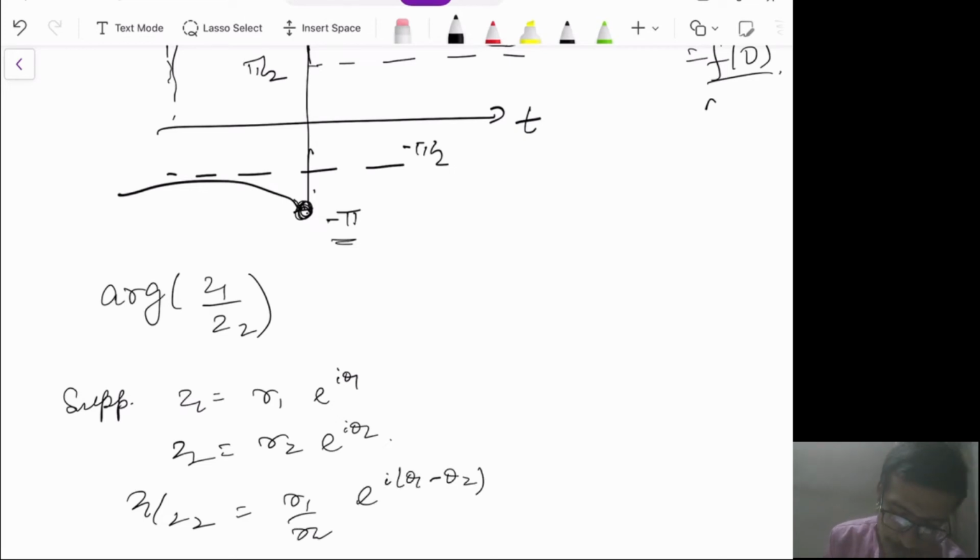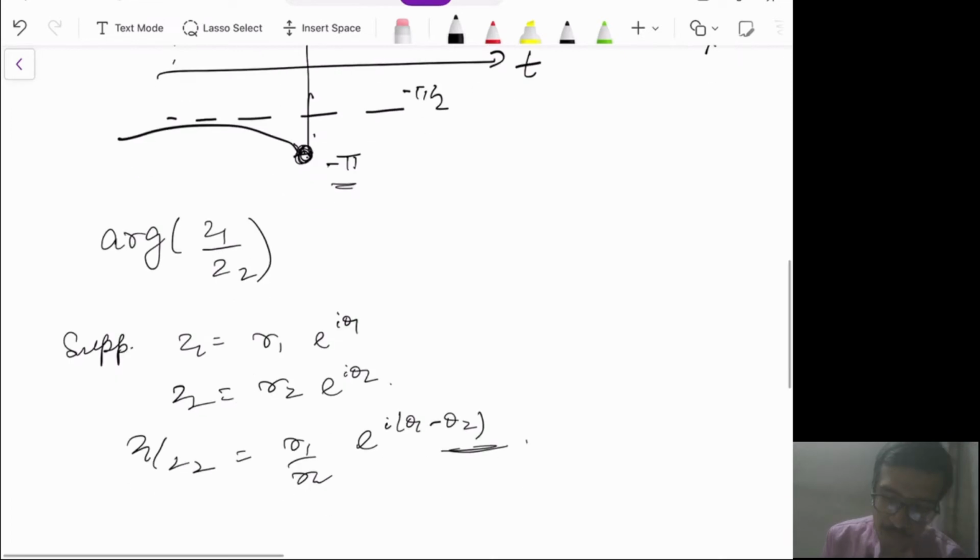So basically, the argument is going to be theta 1 minus theta 2, but you may have to add or subtract 2 pi in order to bring it in the range of minus pi to pi. Theta 1 and theta 2 both lie between minus pi to pi, but the difference may lie somewhere between minus 2 pi to minus pi, or minus pi to pi, or pi to 2 pi also.